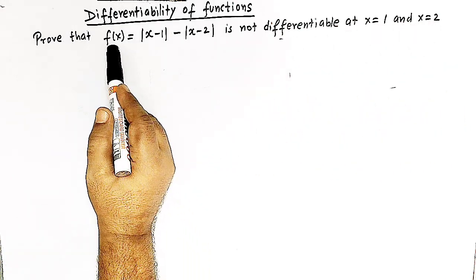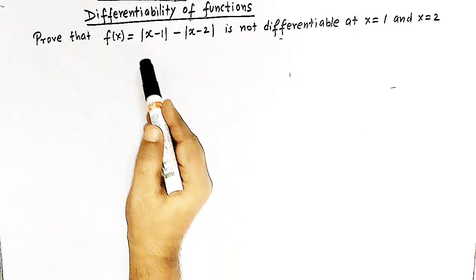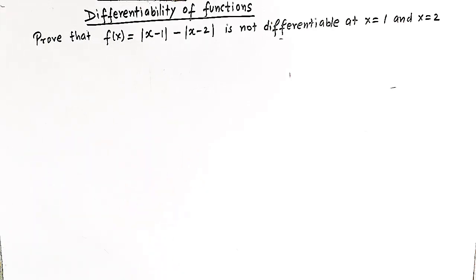Now see, the domain of this function f of x is the set of all real numbers, right? And this function f of x is continuous for all values of x belonging to the set of real numbers, right? Because we know that mod function is continuous for all values of x.